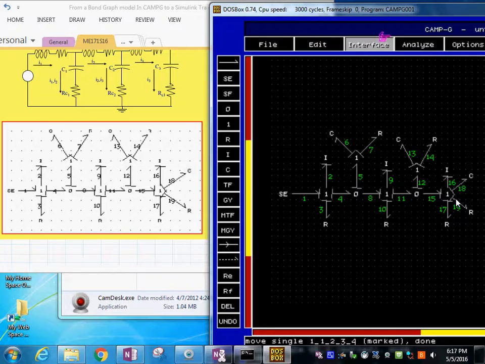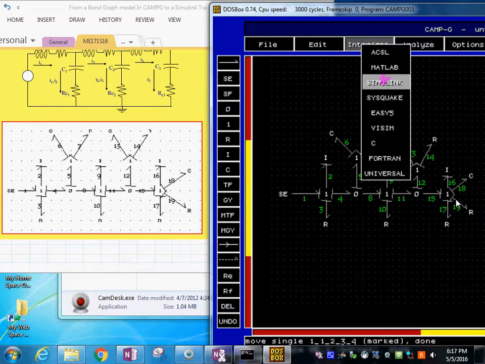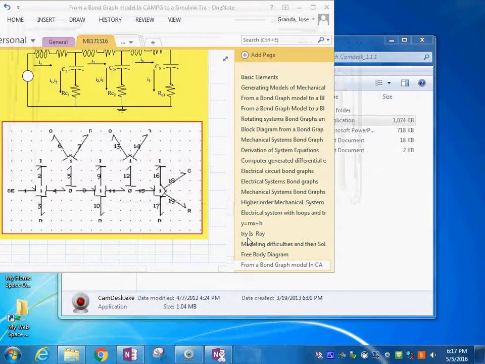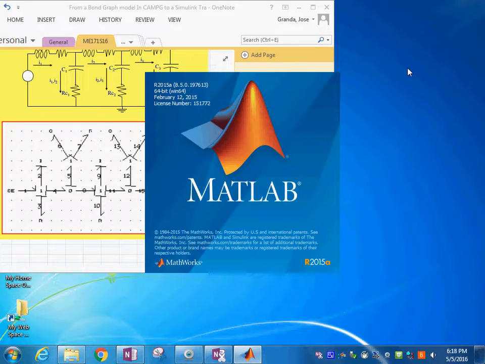So in here we say interface to Simulink, and the program thinks about it for a little bit, and then the two programs are going to negotiate some interface, and you can see MATLAB is coming up.